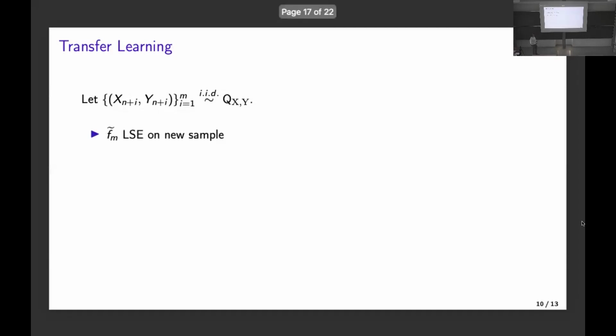So what we do is that we take now the least square estimator on the new sample. So we have now 2 least square estimators. The idea is to estimate the spread functions, roughly by taking the definition of spread functions and applying it to, this time, the empirical distribution.